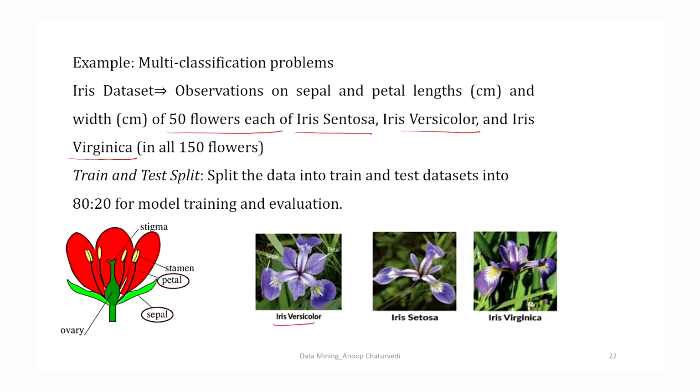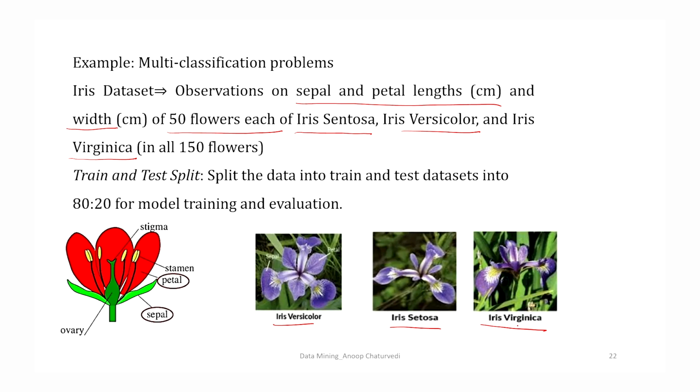These are the 3 flowers, and for these 3 flowers you have observations on sepal and petal lengths and widths. So, in all you have 4 variables, and using the multi-layer perceptron we classify the observations. Ultimately, you have 3 classes, so it is a multi-classification problem.